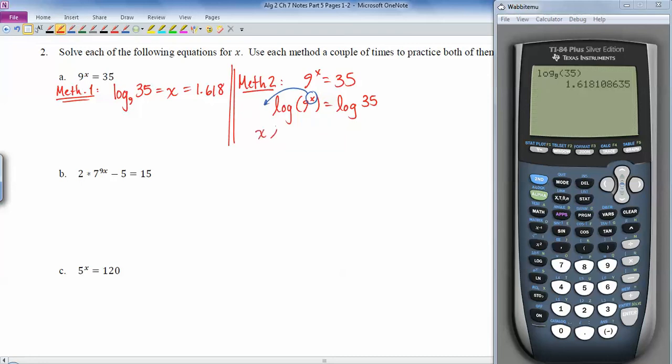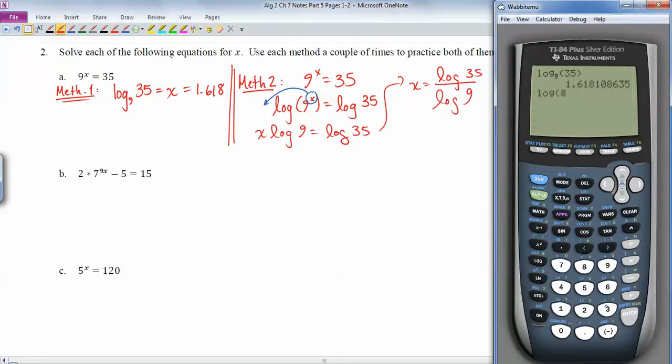And we get x log 9 equals log 35. And then to get x by itself, we're just going to divide both sides by log 9. So it's log 35 over log 9. So regular log 35 divided by regular log of 9. And there you go, same answer.